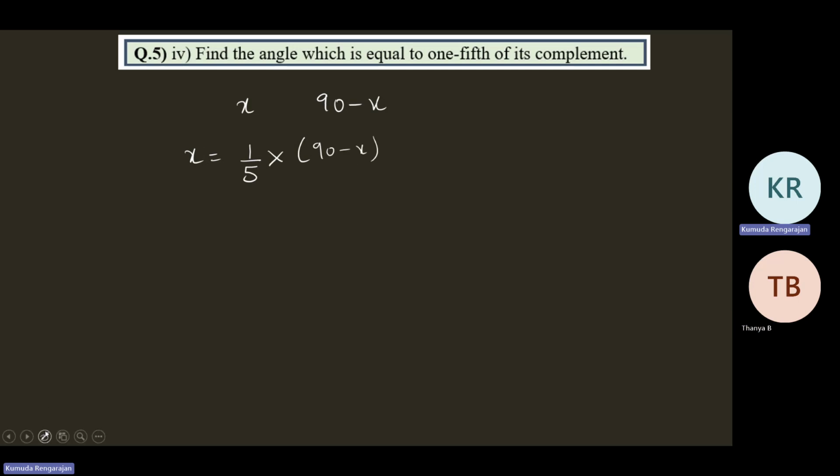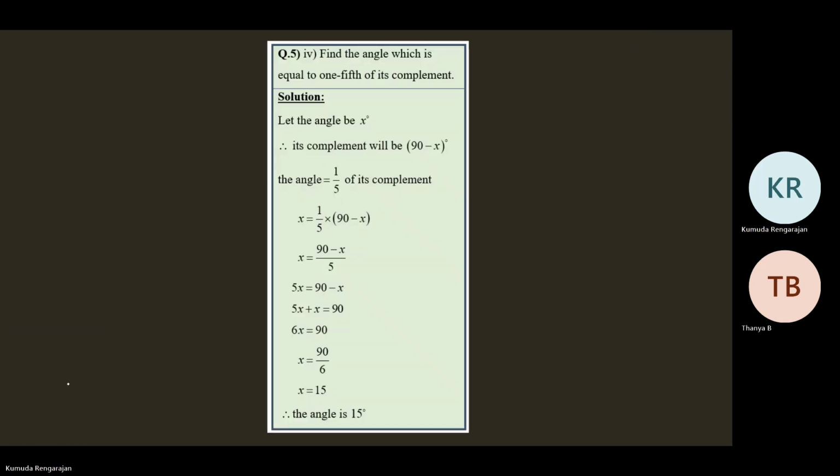That's it. Good. So 1 into 90 minus x is nothing but 90 minus x by 5. Then cross multiply. The value of x is 15 degrees.